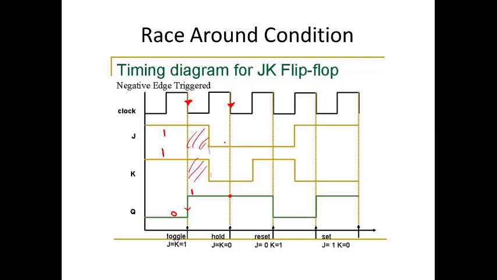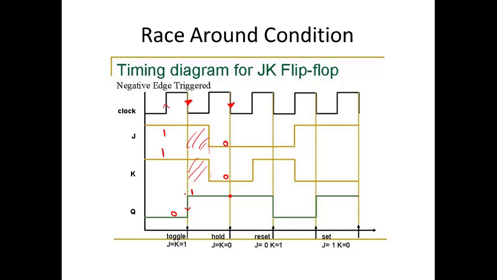Now at this point your input is 0 for J, and K is also 0. So for J=0, K=0, your output will be 1 only. Continuously your 1 will be retained. If it had been positive edge triggered, you would have had toggling.